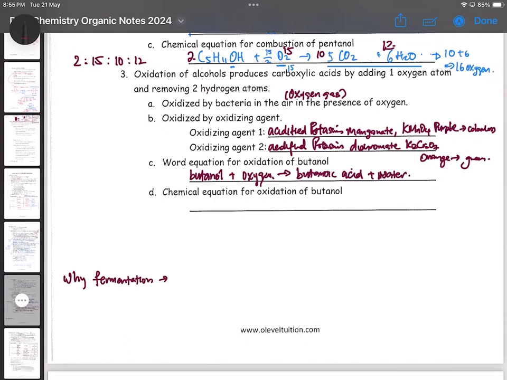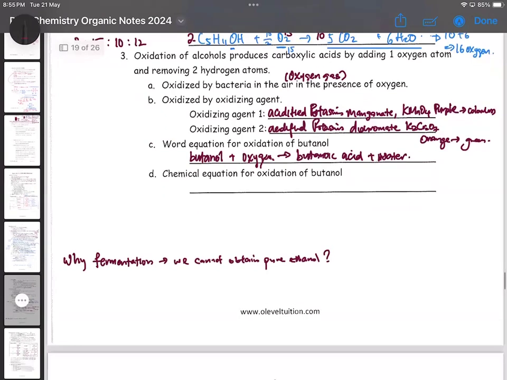Okay, why is it that in the fermentation process we cannot obtain pure ethanol as a product? In fact, when you do fermentation, normally when you get about 16 to 20-ish% of the mixture being ethanol, the percentage cannot increase anymore.